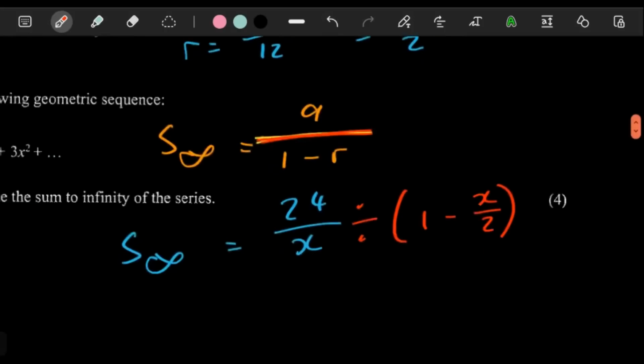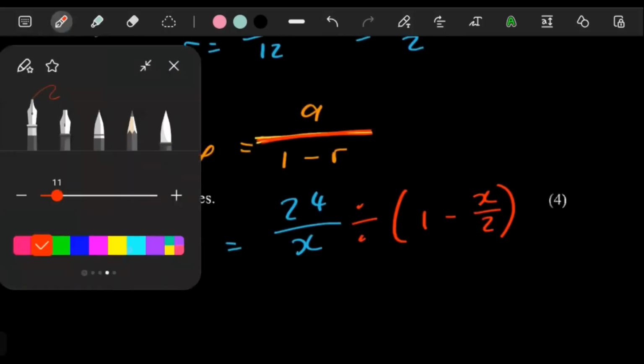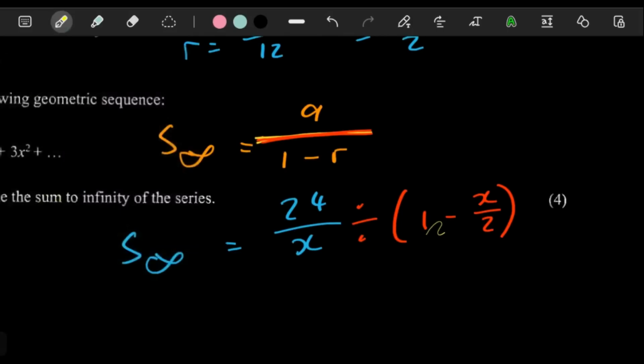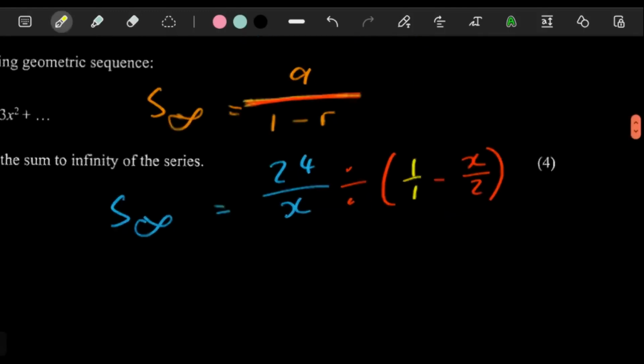The reason I've done this is, firstly, to make our lives easy, this is just 1. Since this is a fraction, this is also a fraction, it's better if we maybe just put this as 1 over 1. The reason for that is, before you can flip and multiply, what you want to do is make this one fraction. So meaning you have to get an LCD in there.